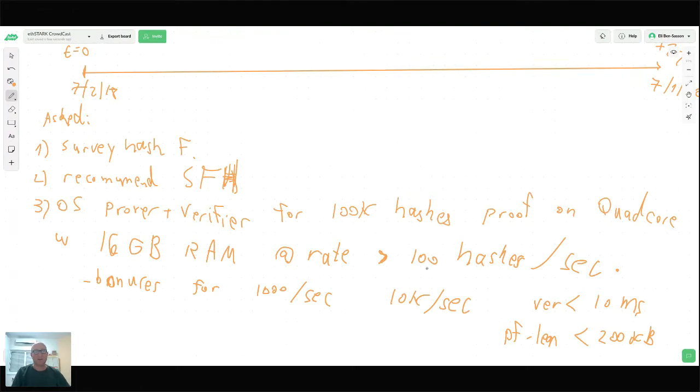They were at a rate much lower than 100 hashes per second. And to reach that rate, they required multiple cores, like 32 cores with half a terabyte of RAM. So this looked like a very ambitious project, but nevertheless, maybe we were foolish, we took it on ourselves. So we started.